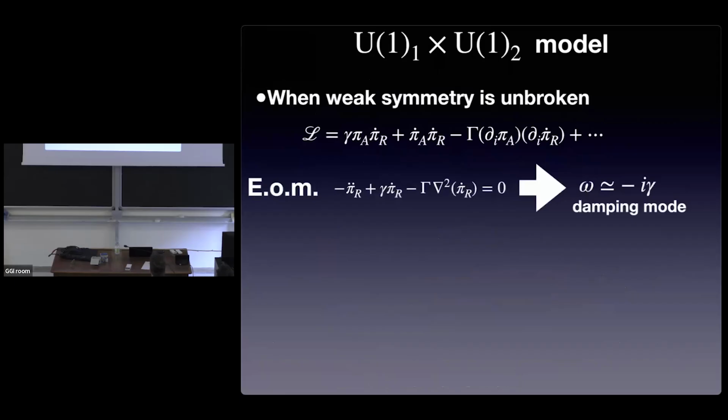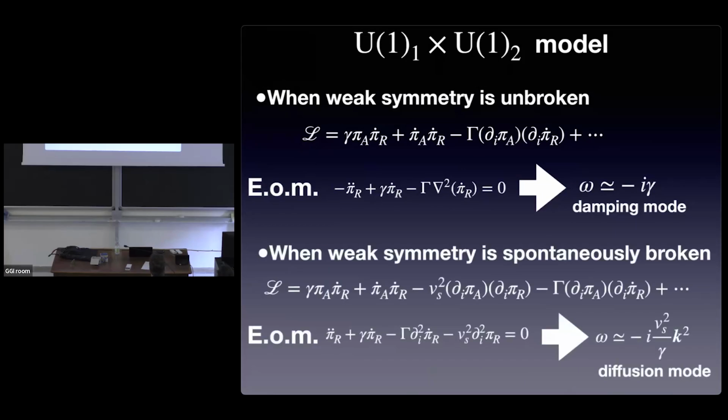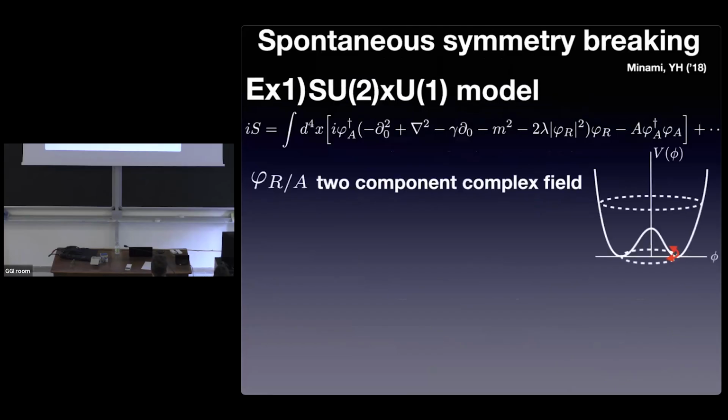Then you can solve the equation of motion. If weak symmetry is unbroken, then the original hydrodynamic mode becomes just a damping mode. On the other hand, when weak symmetry is spontaneously broken, then we will get the diffusion mode. So this is the story for this model.